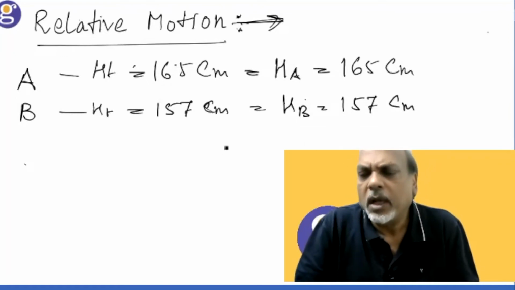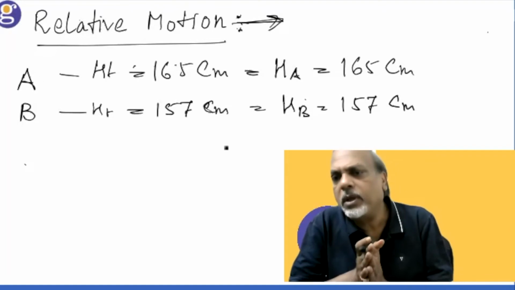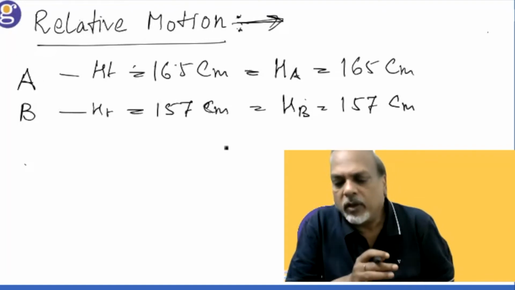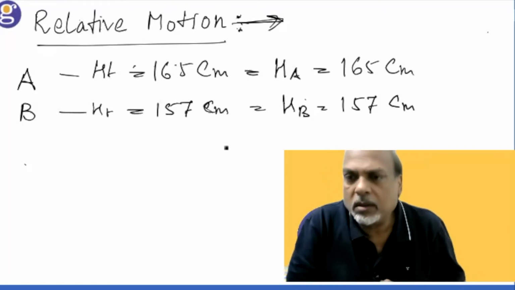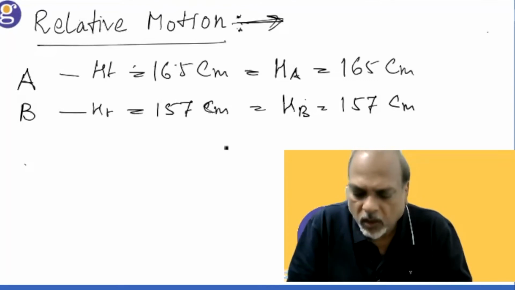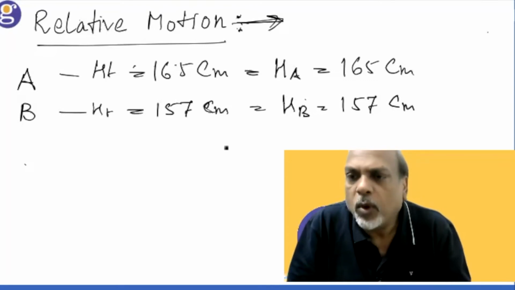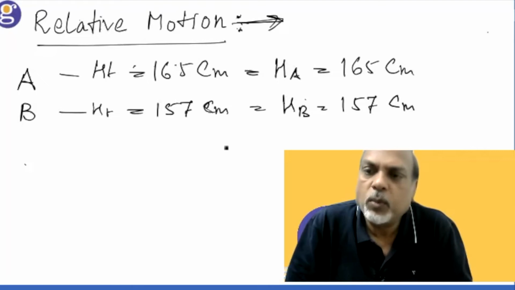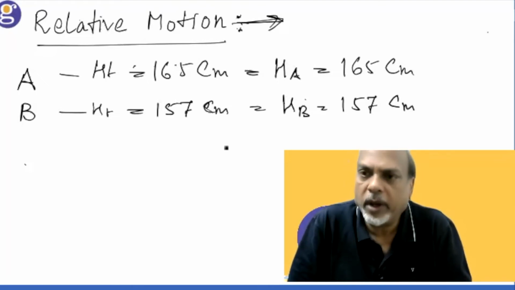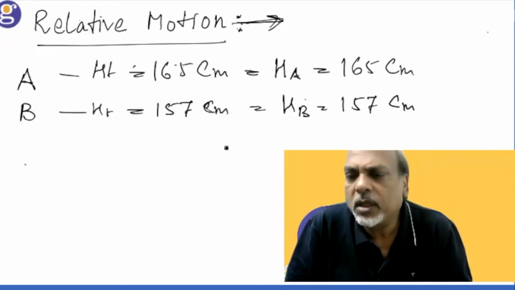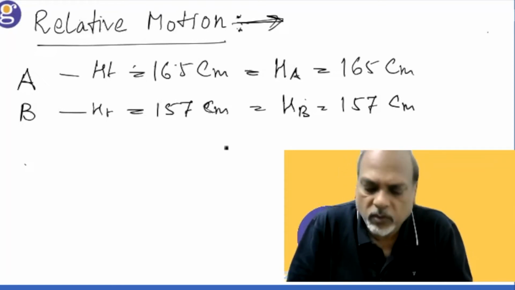centimeter. Now, these heights which have been given, they are with respect to what? Basically, in physics, one point is very important, that is reference point. There is always a reference point. 165 centimeter, if you are writing, then it is with reference to what?